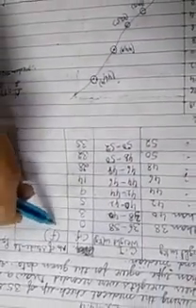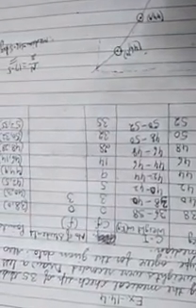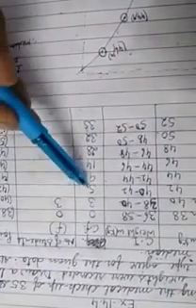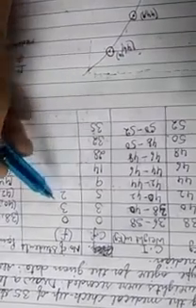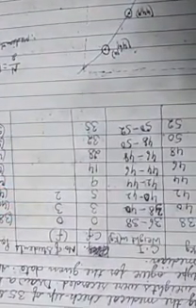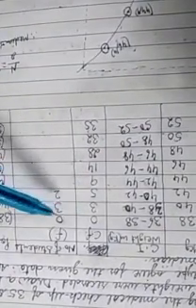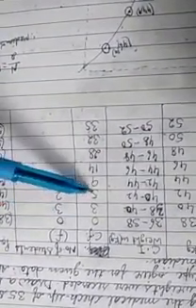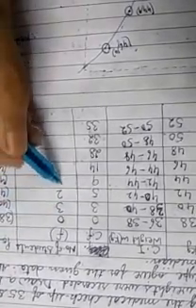Here 0 will remain the same, 0, and the first term will be 3, so it will remain the same. Now you have to subtract consecutively. Here 5 minus 3 will be 2. Then 9 minus 5, it will be 4.